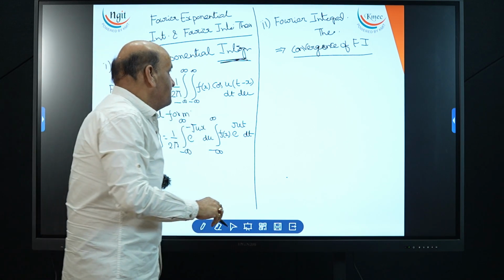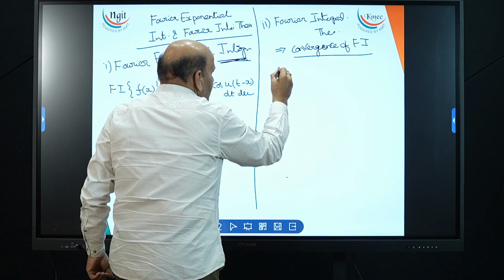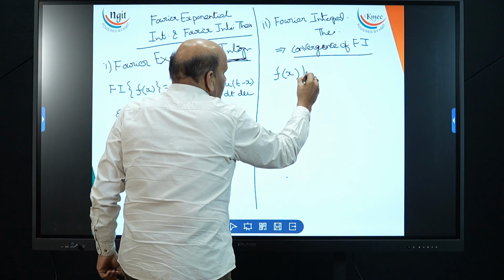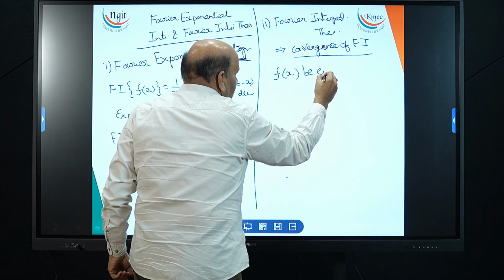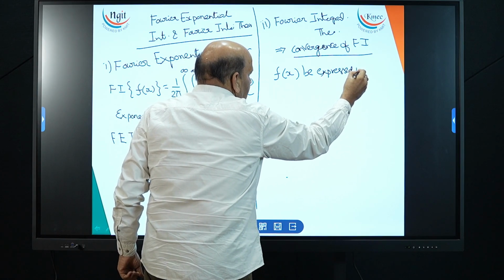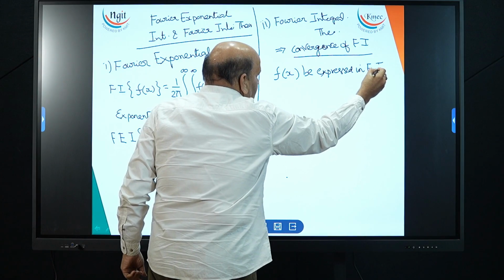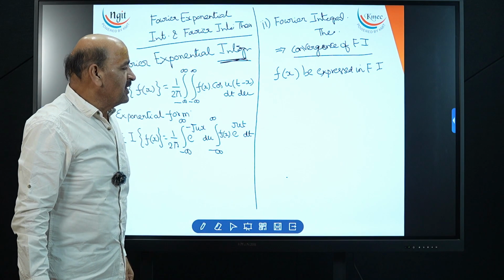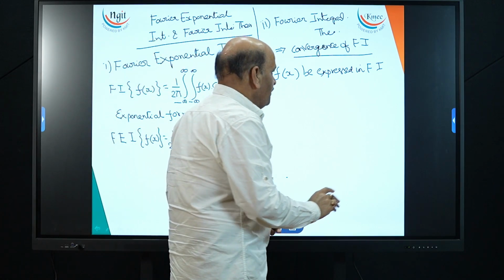Now just look. Let a signal or function f of x be expressed in Fourier integral, or you can make it a Fourier series also, no problem.